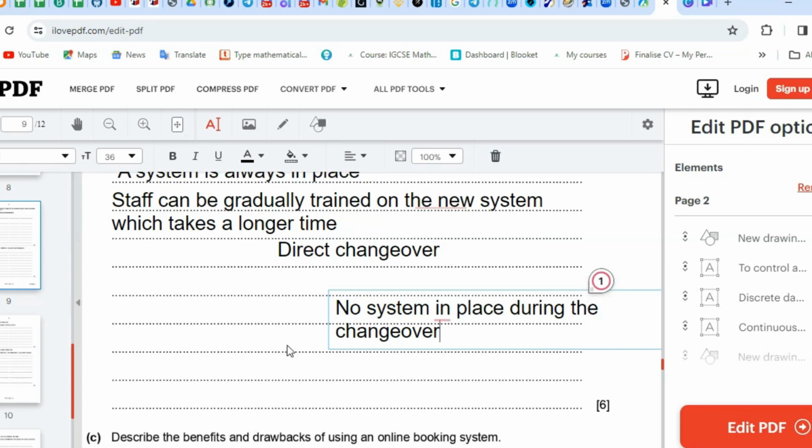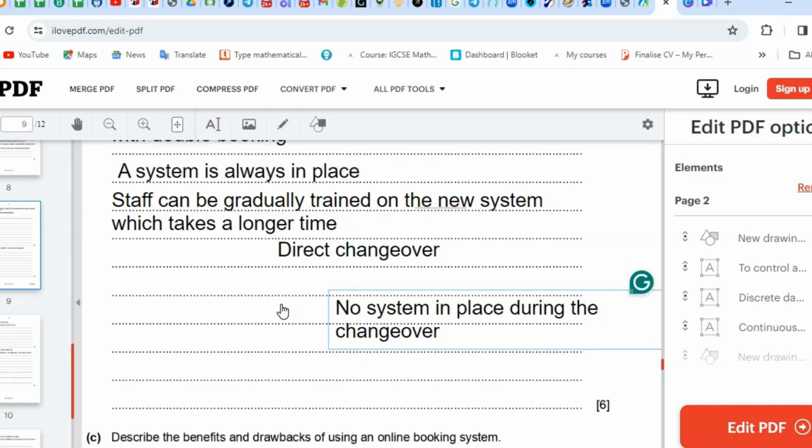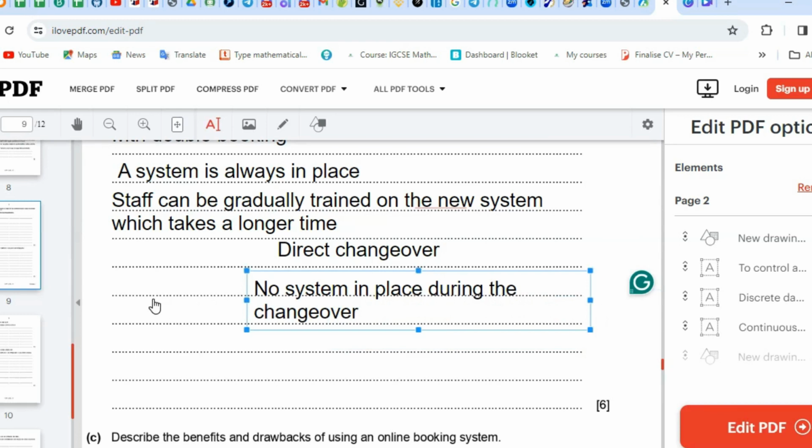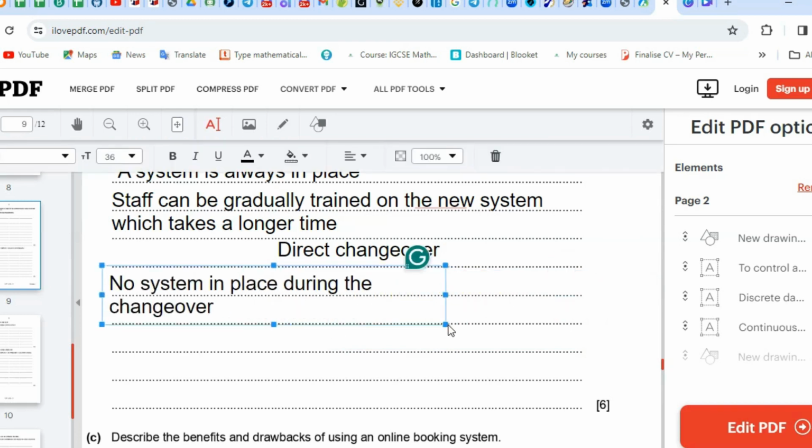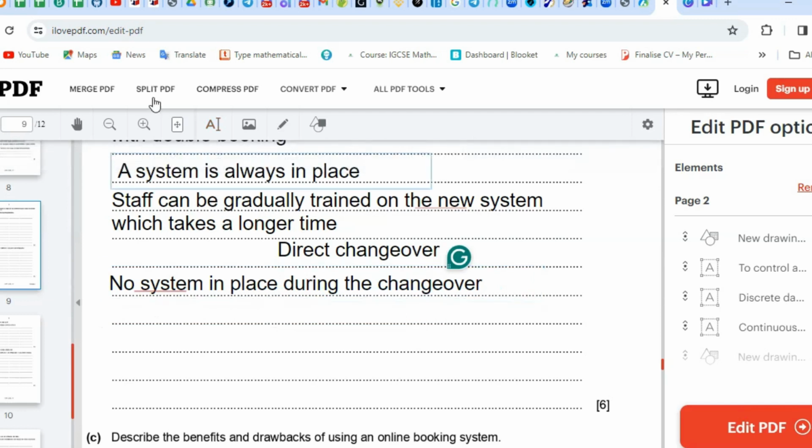Two, data can be lost as the old system has been removed. That's two.